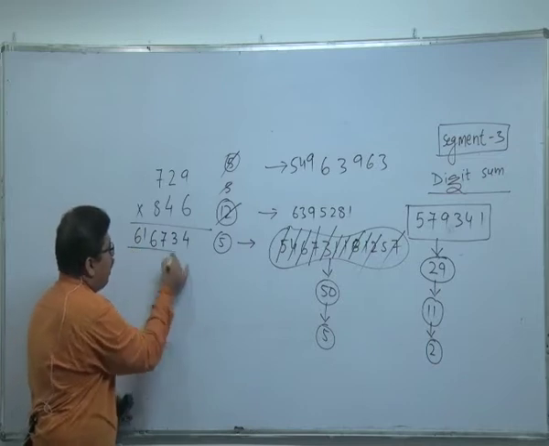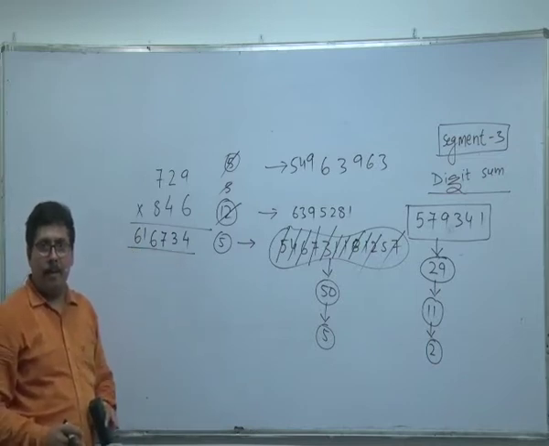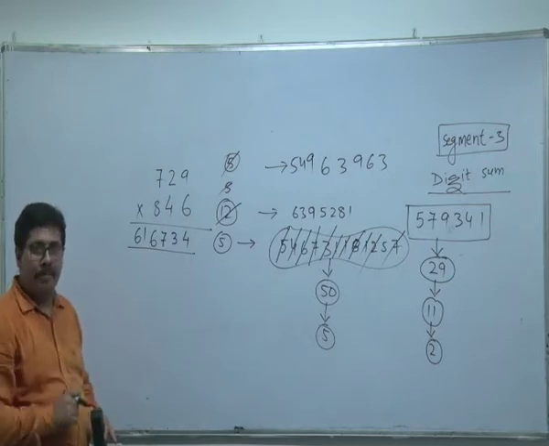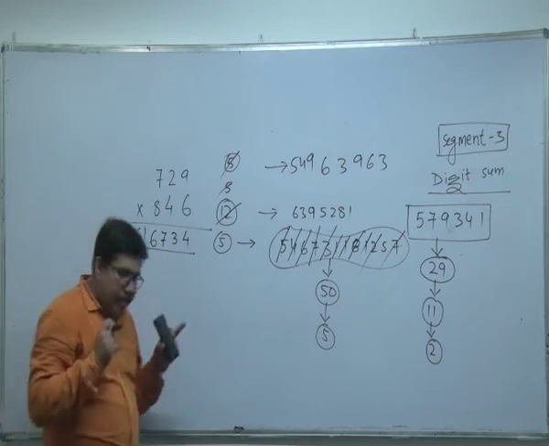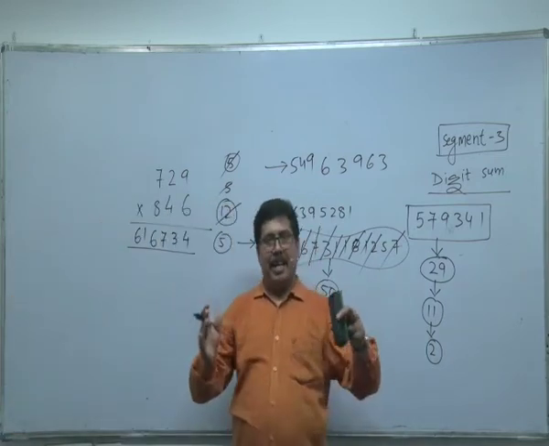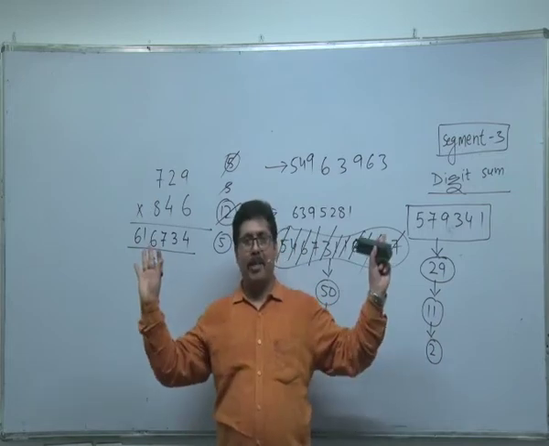Now, I need to check whether my result is correct or wrong. Remember one golden rule, one thumb rule. The digit sum of any number is basically the Atma of that number. It is never destroyed.